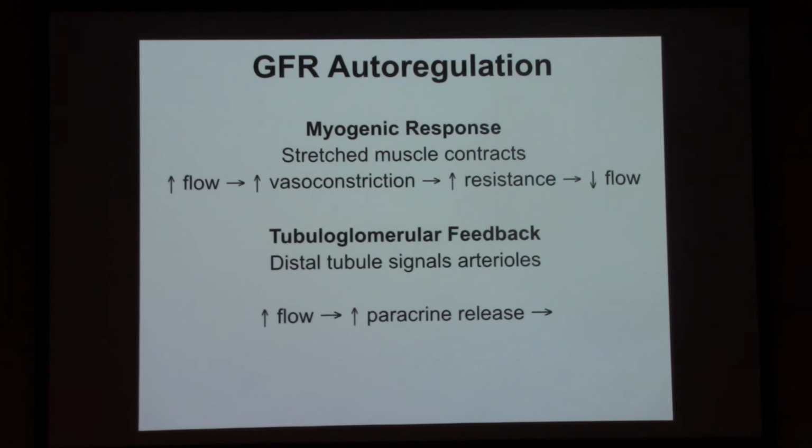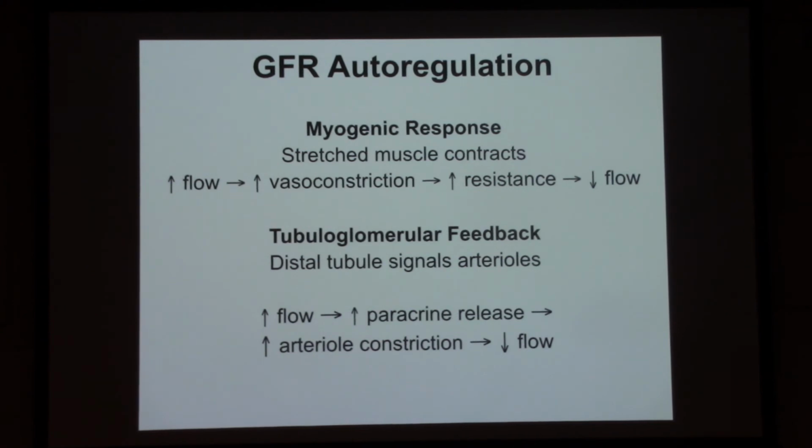That stimulates the cells that make up the wall of the distal convoluted tubule to release paracrines. Paracrines are chemical messengers that act on neighboring cells. Kind of like hormones, but they don't go in the blood and go somewhere else in the body. They just act on neighboring cells. In this case, the neighboring cells are going to be on the afferent arterioles.